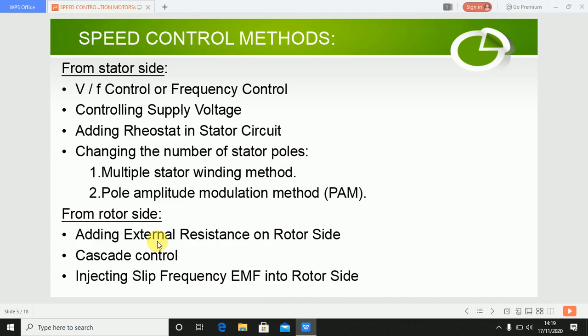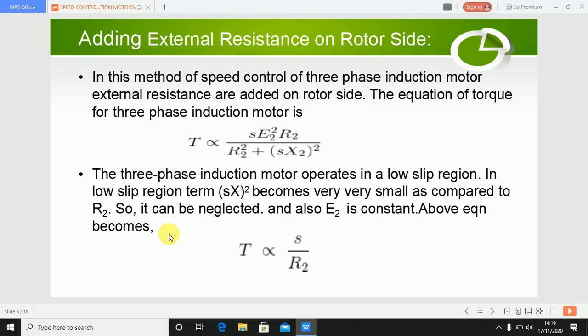Let us see about adding external resistance first. In this method, external resistance is added on the rotor side. As a result, the torque equation becomes T is directly proportional to S E2 square R2 divided by (R2 square plus (S X2) the whole square). And this motor usually operates in a low slip region.